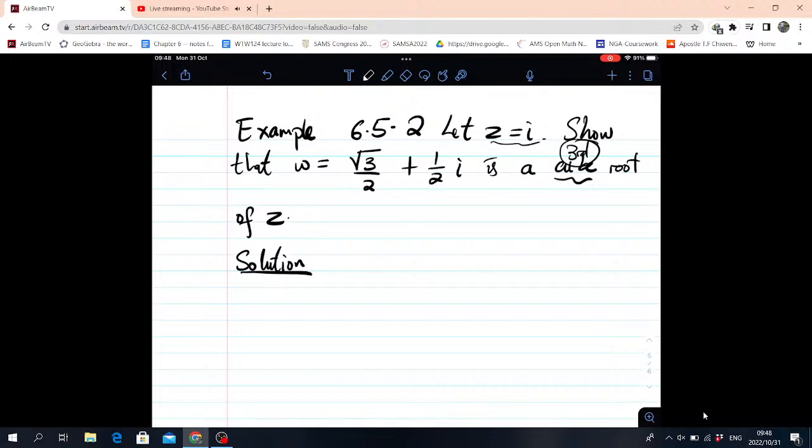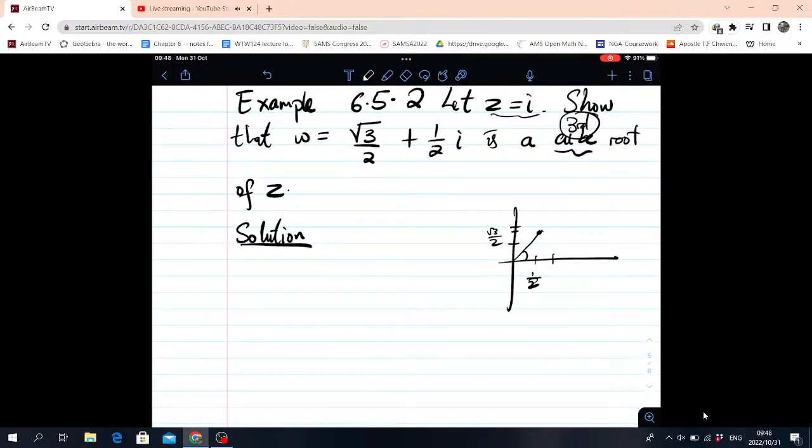So if you draw a little diagram there, you've got half there, and then you've got some number which is root 3 over 2. So you're somewhere there. So we can see that our argument there is in the first quadrant, basically, right? So we can say what is the modulus of w?